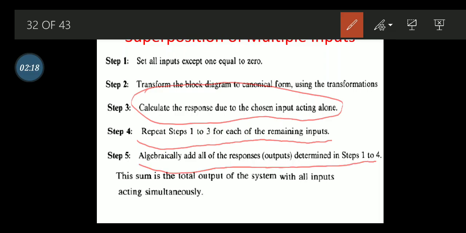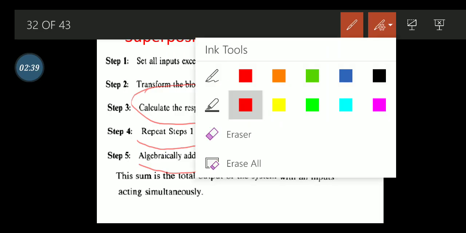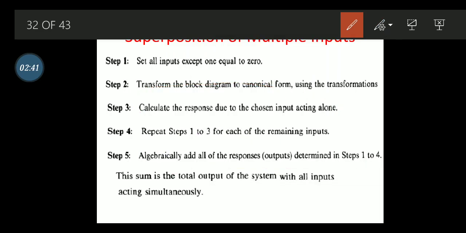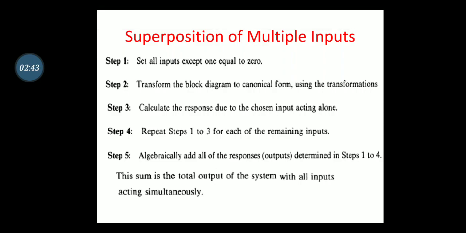So finally we add all the output responses obtained by considering each single input acting alone. This gives the total output of the system with all inputs acting simultaneously. These steps we need to follow for each and every example.